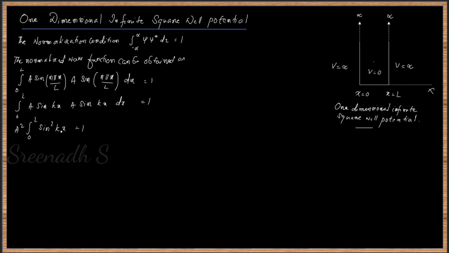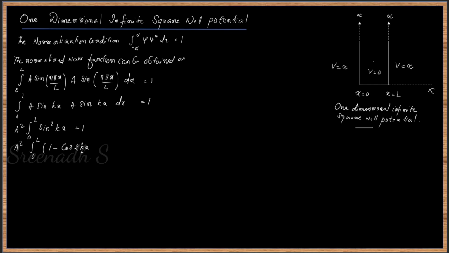So how can we integrate sin square kx? We need to write this in the form 1 minus cos 2kx. We have studied how to integrate sin square theta: we need to write sin square theta in terms of cos 2 theta, which is 1 minus cos 2 theta by 2.